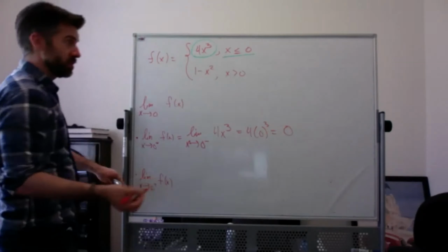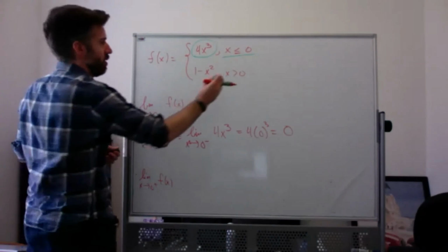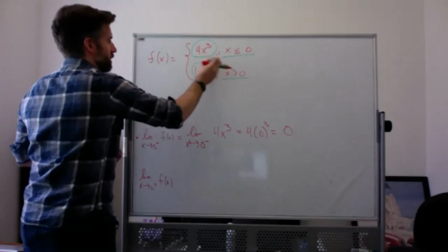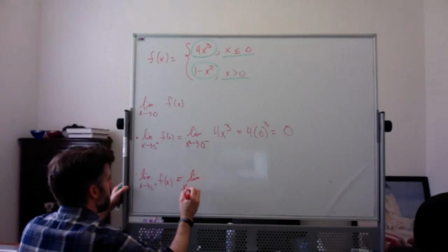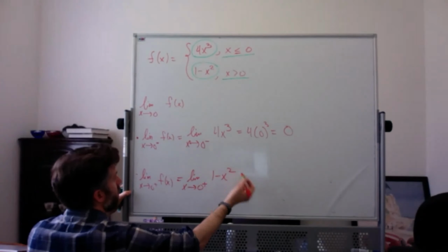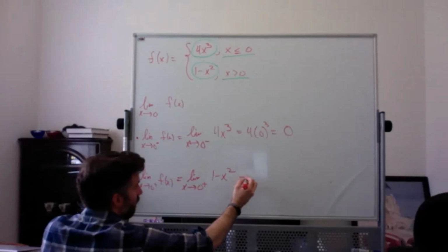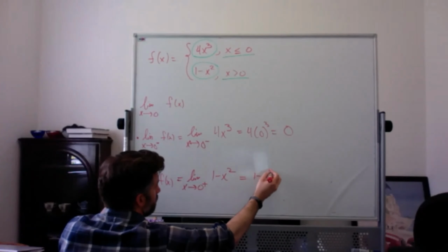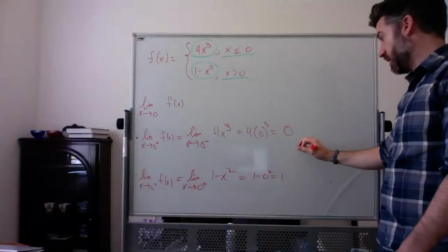So look at the limit as x approaches 0 from the right. We have to pick the piece of the function where x is bigger than 0, which is this piece. So that's going to be the limit as x approaches 0 from the right of 1 minus x squared. But again, we can just plug in 0 because these are polynomials, defined everywhere. That's going to be 1 minus 0 squared, which is 1. Now, since the left-hand limit and the right-hand limit are not the same, right?